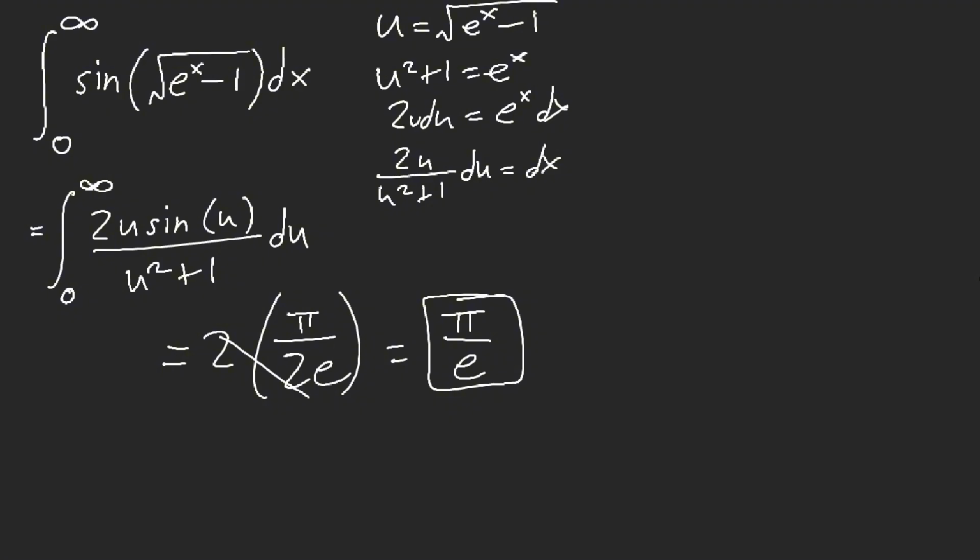I can't wrap my head around it. It's too puzzling. I'm not very good with parameterization. But yeah, this is kind of the answer. Supposedly it should be pi over e. And so this integral here should equal pi over e.